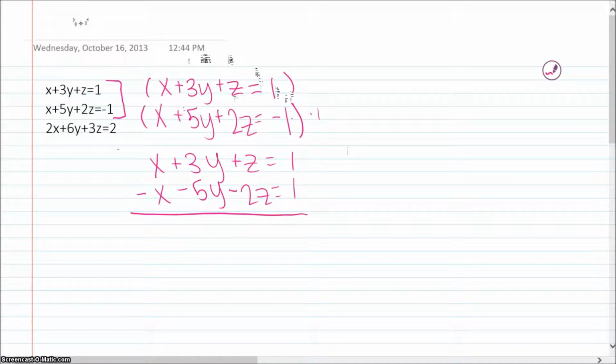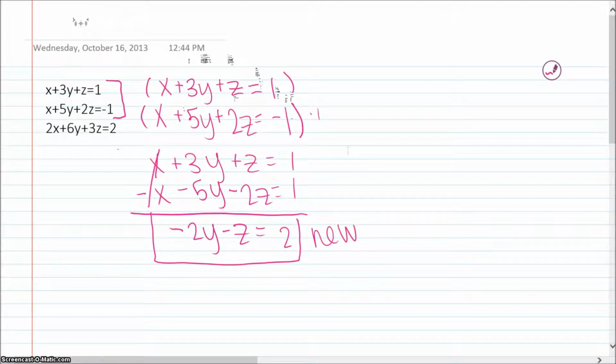Alright, so the x's cancel out and you get negative 2y minus z equals 2. And this is your first new equation.